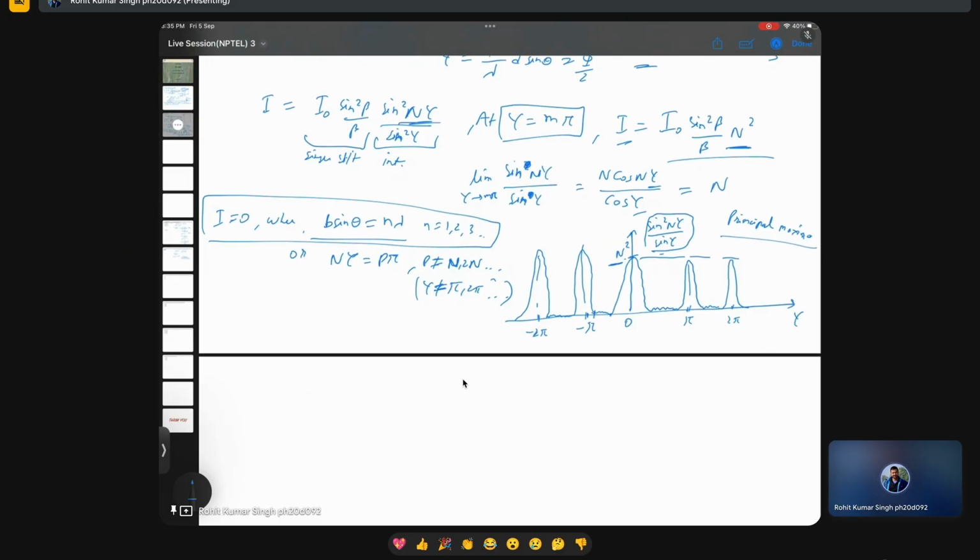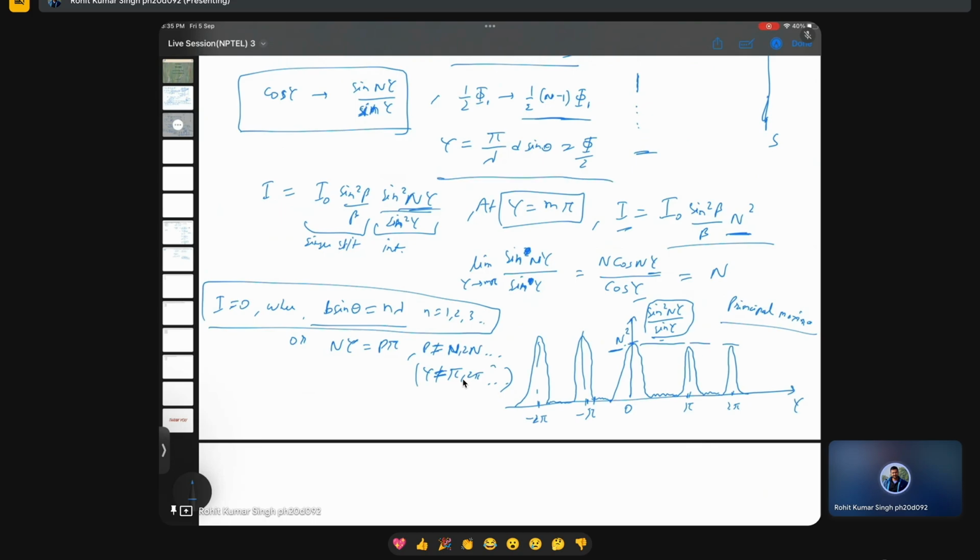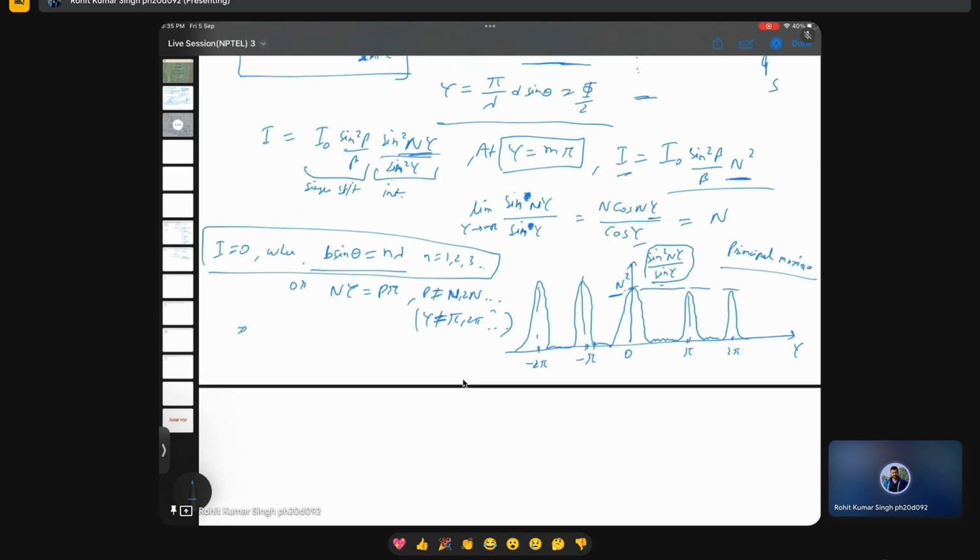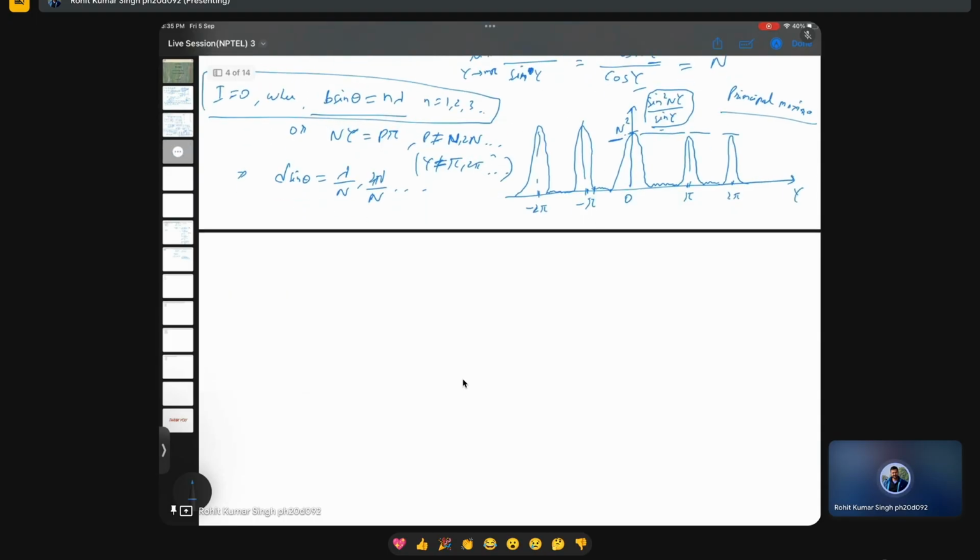Now we can put the value of gamma in this equation, and then you can get this criterion of d sin theta equal to lambda by n, 2 lambda by n, and so on. Let me write this explicitly, because there is something interesting here. We said that p cannot be equal to n, 2n, that is, an integer multiple of n.